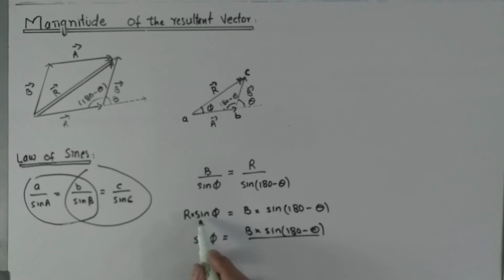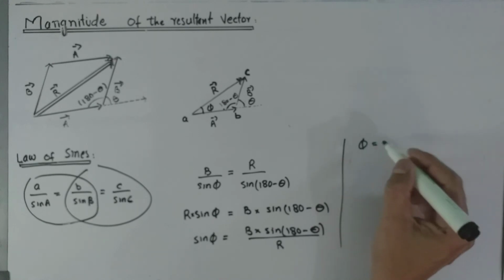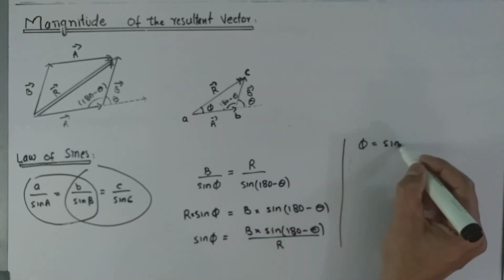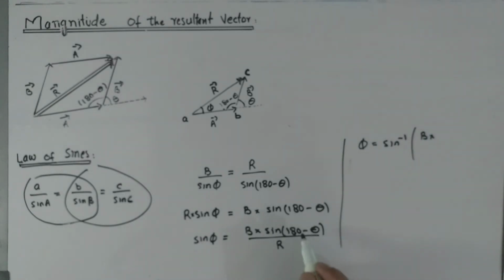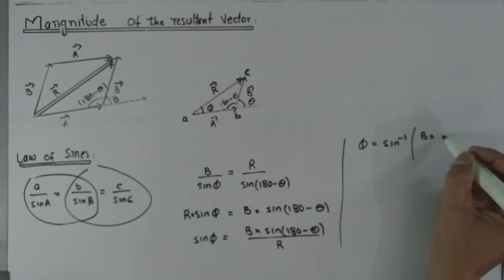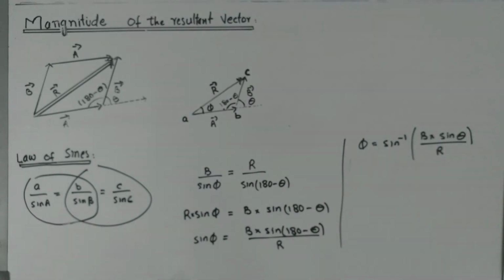R is multiplying with sine pi, so it becomes divided. Now angle pi is equal to sine inverse of b multiplied by sine 180 minus theta, which is equal to sine theta, divided by r.